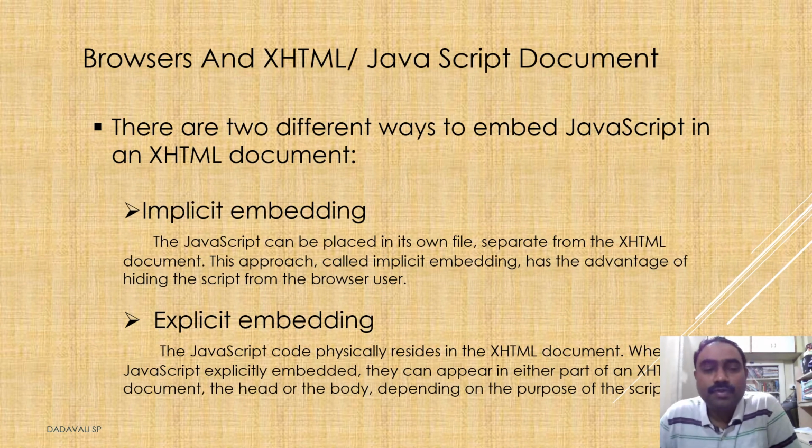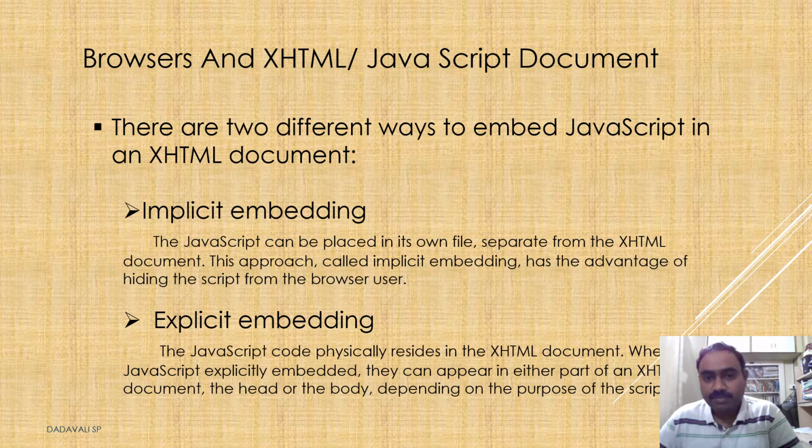So now let us see browsers and HTML/JavaScript documents. There are two different ways to embed JavaScript in an HTML document. One is implicit embedding, another one is explicit embedding. In implicit embedding, the JavaScript can be placed in its own file, separate from the XHTML document. This approach, called implicit embedding, has the advantage of hiding the script from the browser user.